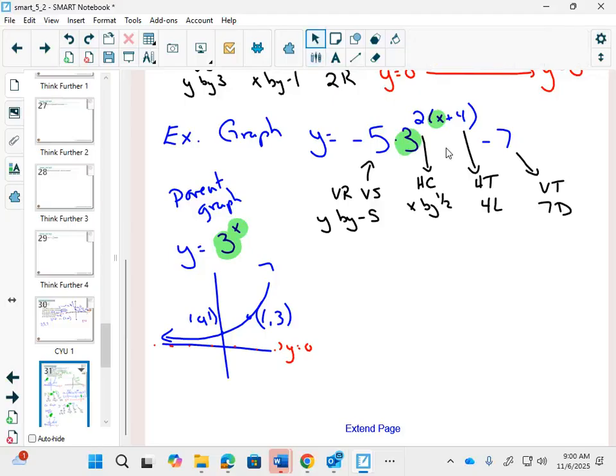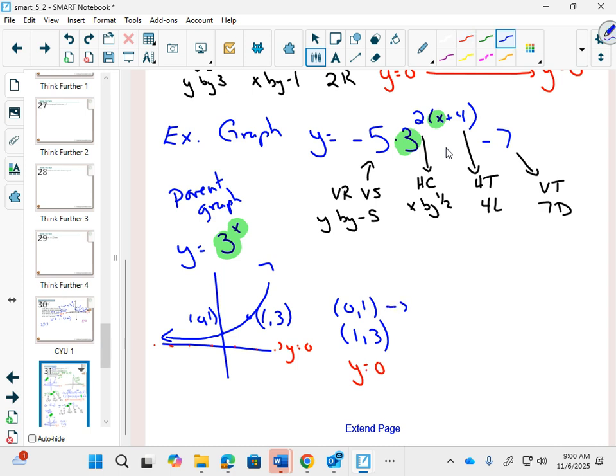So we take our original points, 0, 1, 1, 3, and our asymptote. Stretches and compressions first. So our y is getting multiplied by -5, our x by 1/2. 0, 1/2, -5, -15.